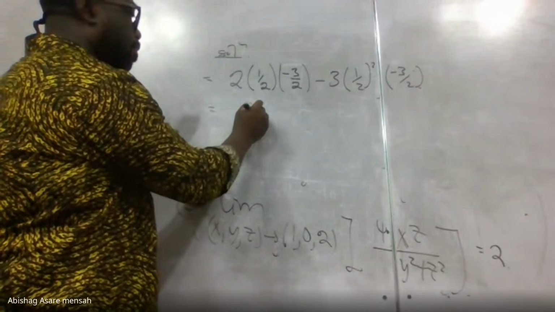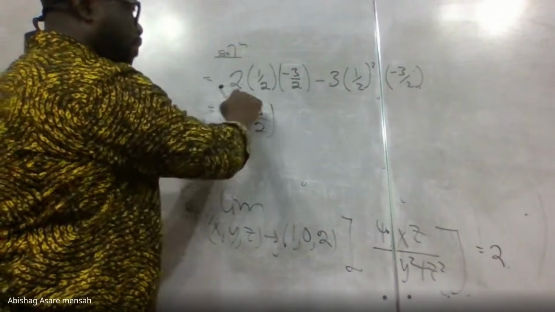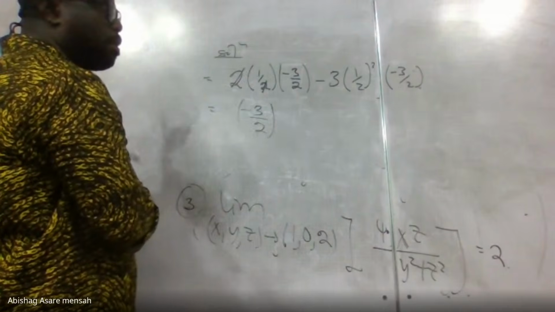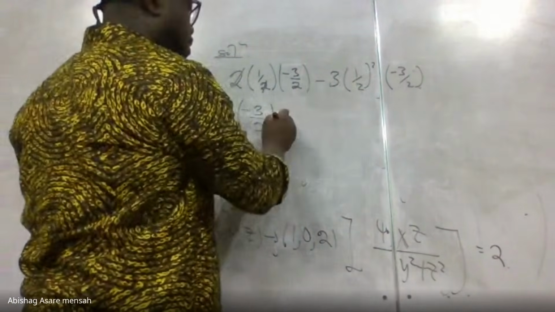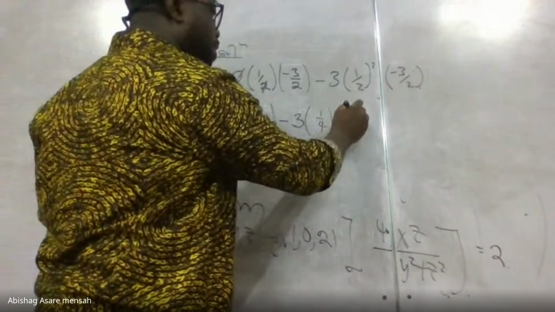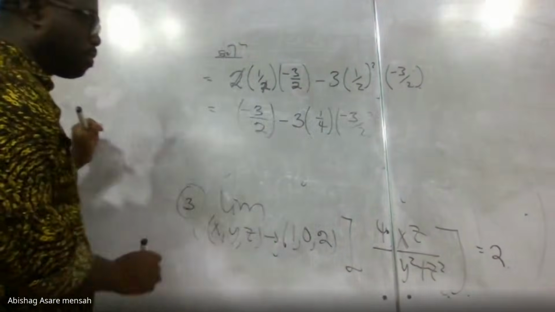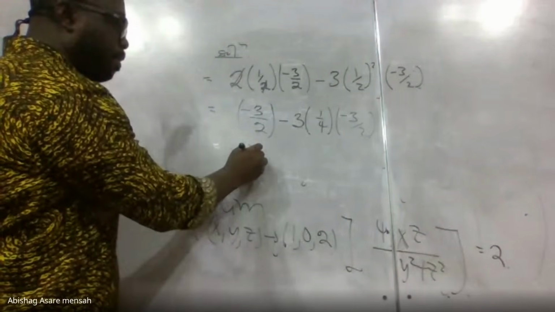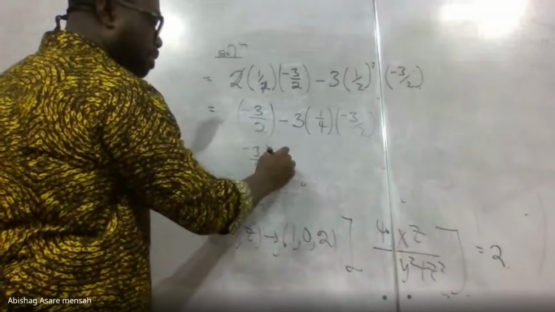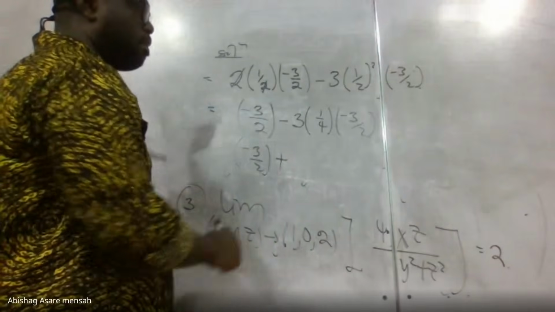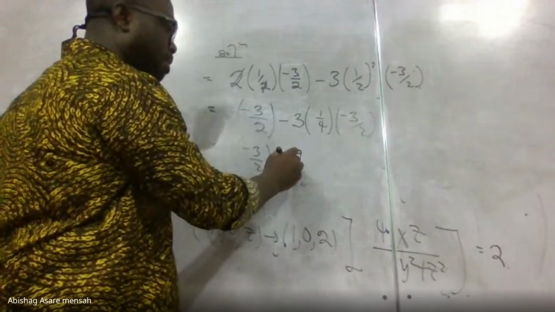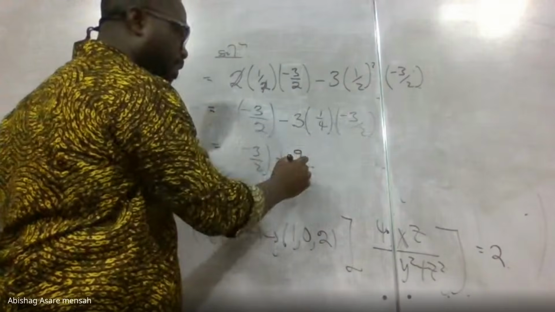So I have -3 on 2 here. Then what about this? I have 1 on 4 multiply 3 on 2. So -3 on 2. This and that will be positive. Plus 3 times 1 times 3 to be 9. 4 times 3 to be 8.